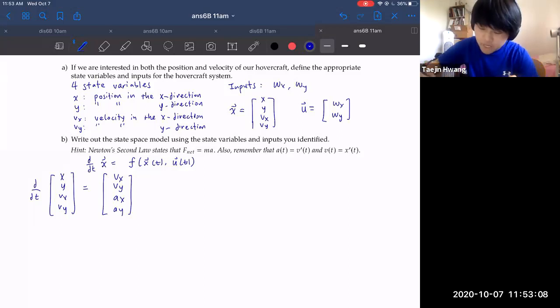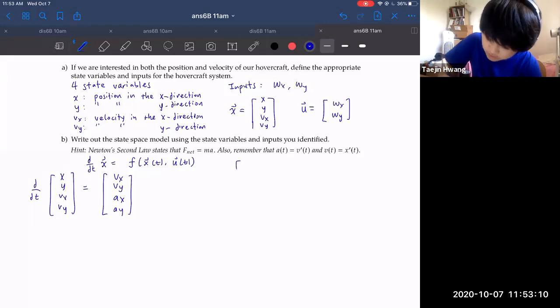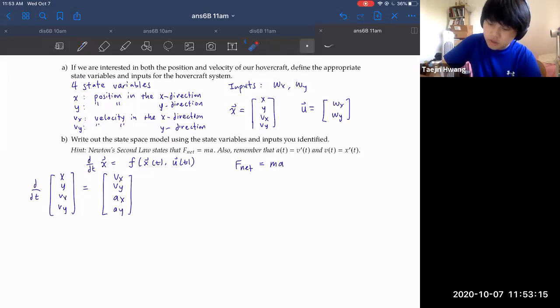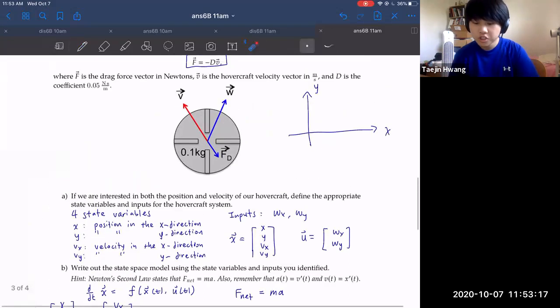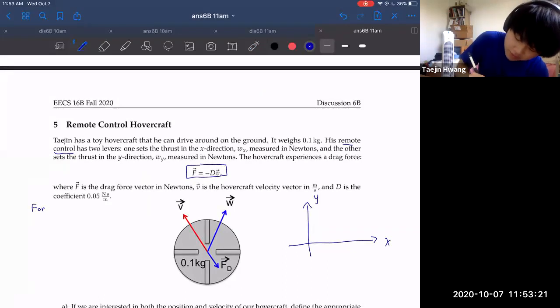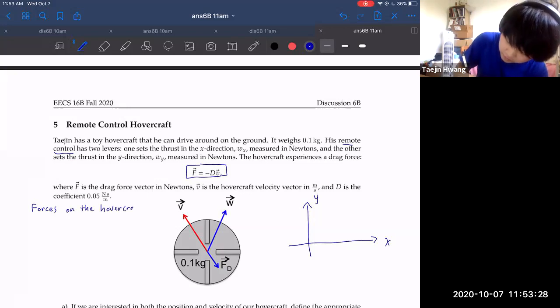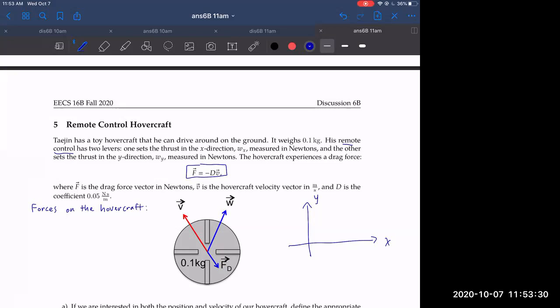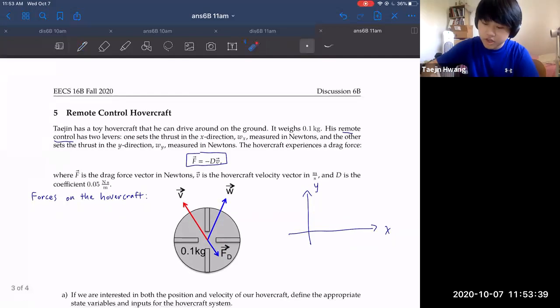The next thing we should do is follow the hint. Start writing out F net is equal to ma. And what are all the forces acting on the hovercraft? If you have any thoughts or ideas, type them out in the chat. Looking at this diagram might help as well.